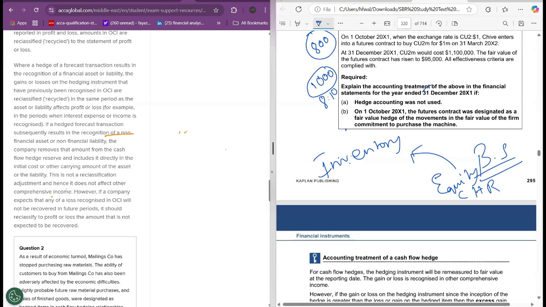You will adjust for it when this is realized and supposed to be recognized in the balance sheet. It is a balance sheet item, not beforehand, not as soon as the cash flow hedge reserve is opened, or as soon as the hedging instrument makes gains, but when it is realized that this transaction we are hedging for is actually an inventory item, and we are going to recognize the gains and losses there.